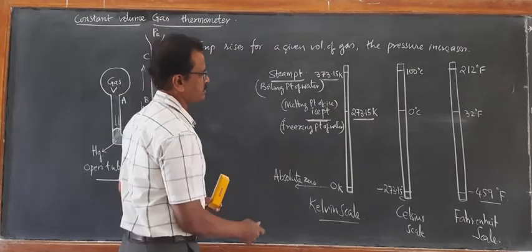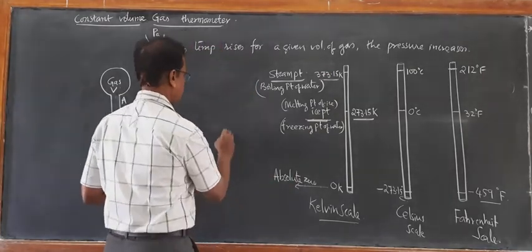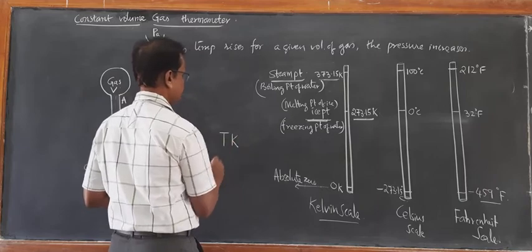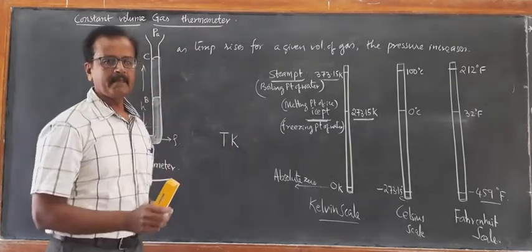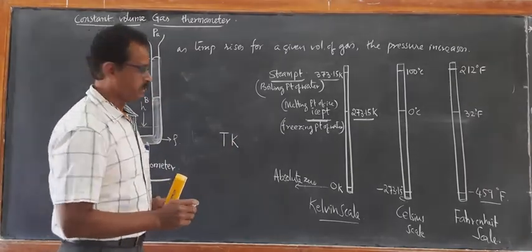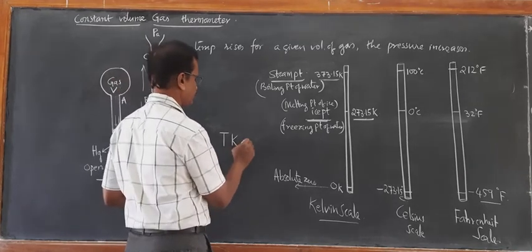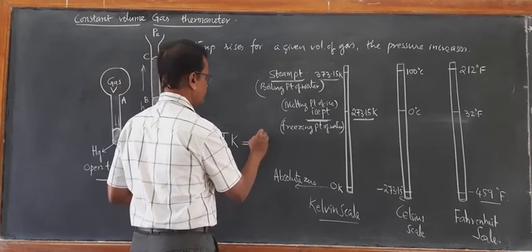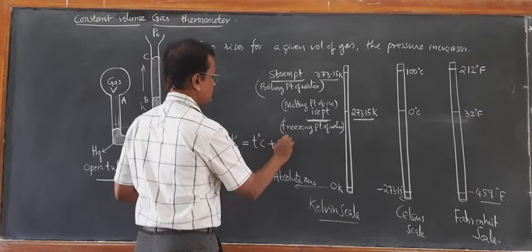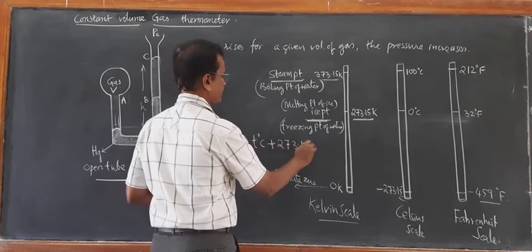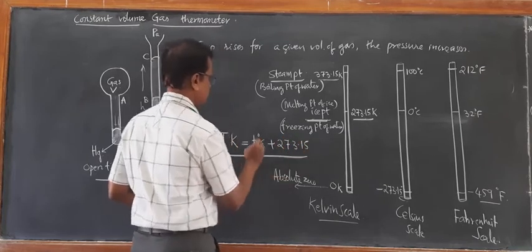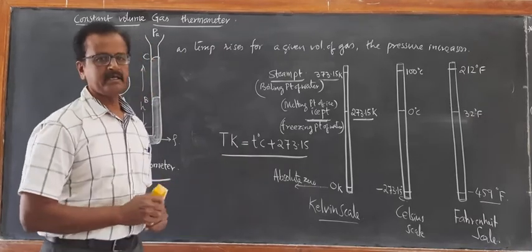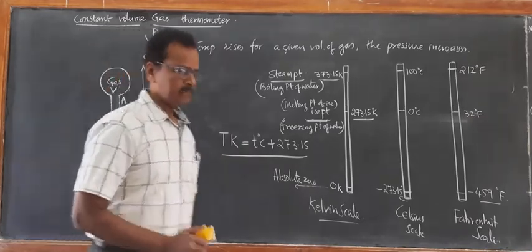From this comparison, temperature in Kelvin is always written with capital T. Remember, temperature in Kelvin is equal to temperature in degrees Celsius plus 273.15. This is the relation between the Celsius and Kelvin scales.